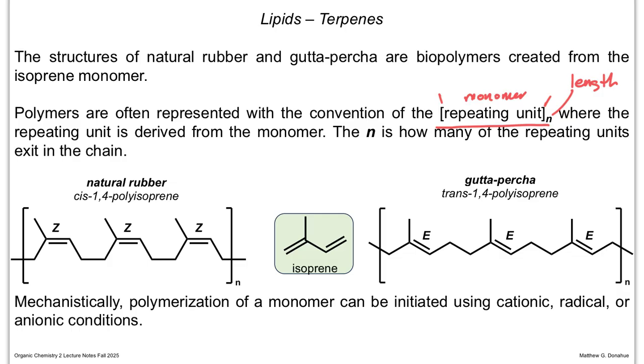So as I said, in the box here is the isoprene monomer that can go to these different polymers based on how the reactions are initiated. So the polymerization reaction. I'm going to try to make it through the last 12 minutes here.